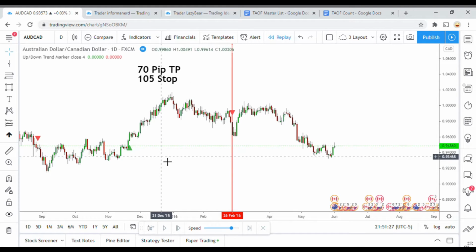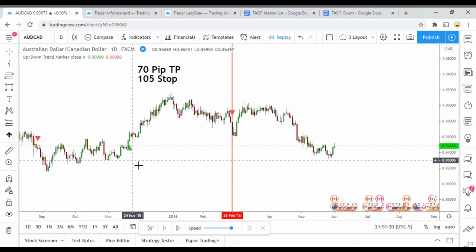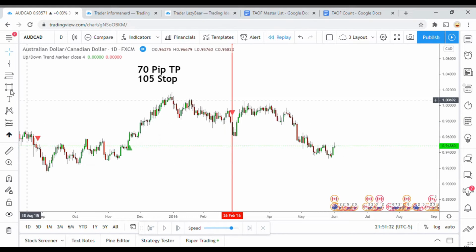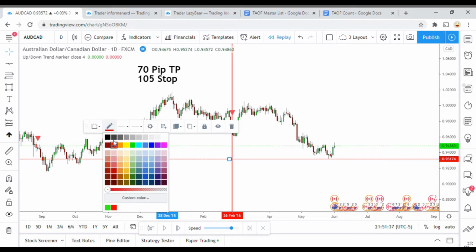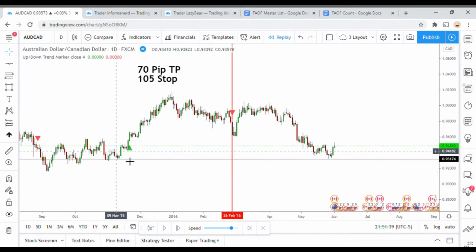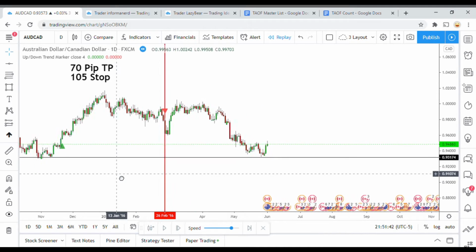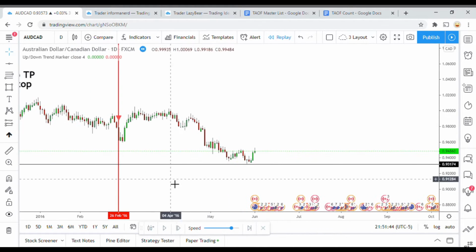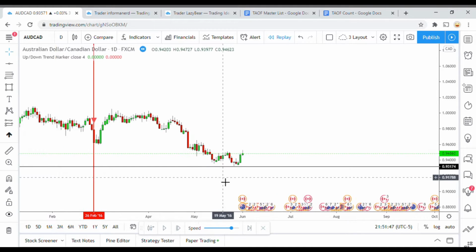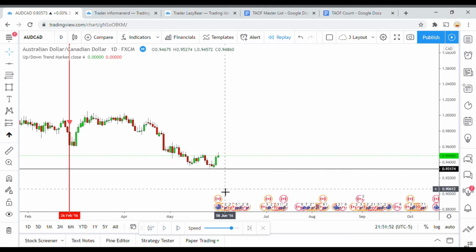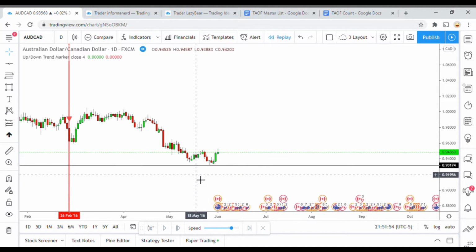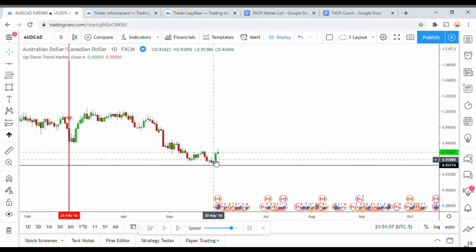And then we could say it needs to be at some kind of significant level of support and resistance in the near past. Well, we have that back here in this area where it had a reaction to this zone here. And then you could say that you're looking for some kind of candlestick formation to confirm that a significant reversal is possible.